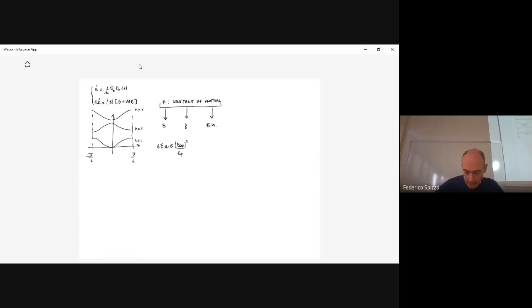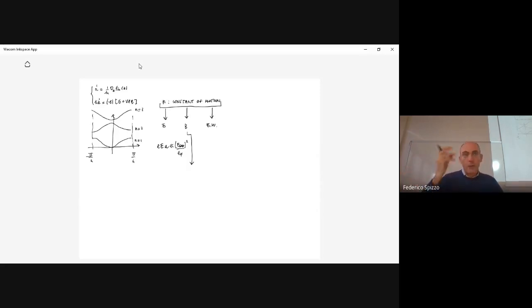Before commenting, I just write down the three requirements and then comment on each of them. Concerning B, if you remember, we recalled the cyclotron frequency, the frequency of motion of one electron in a magnetic field. You may associate to the cyclotron frequency an energy by multiplying it by h bar.